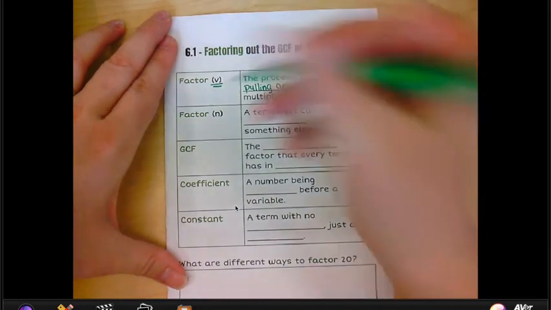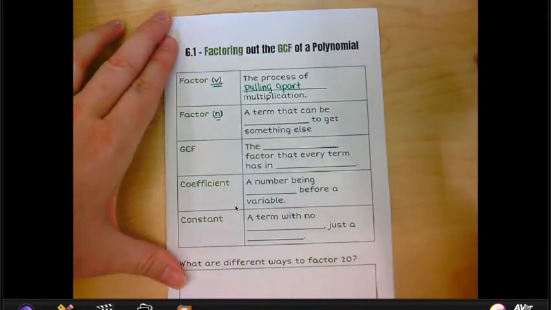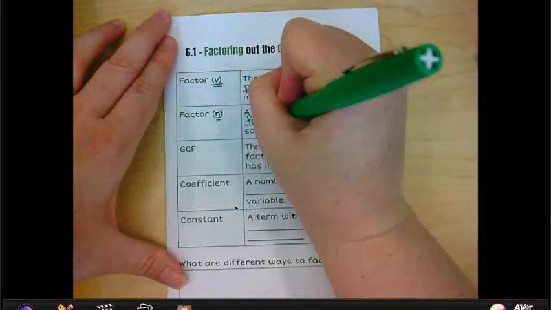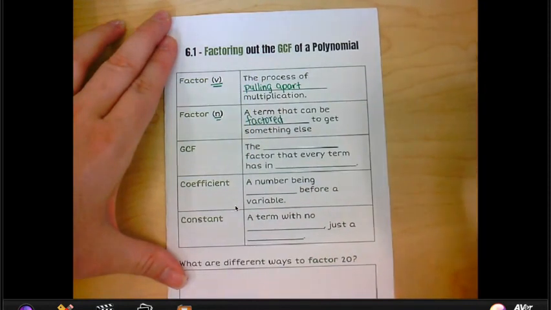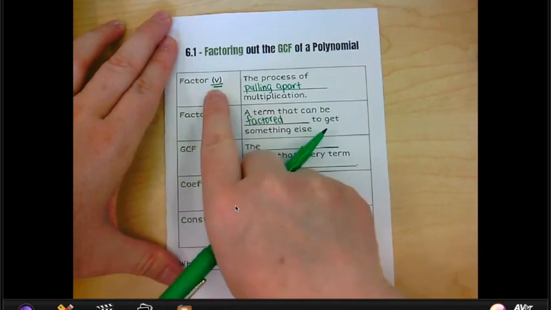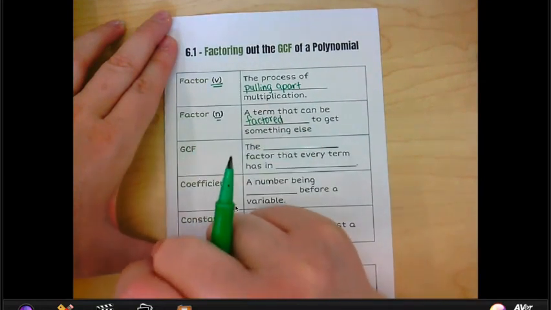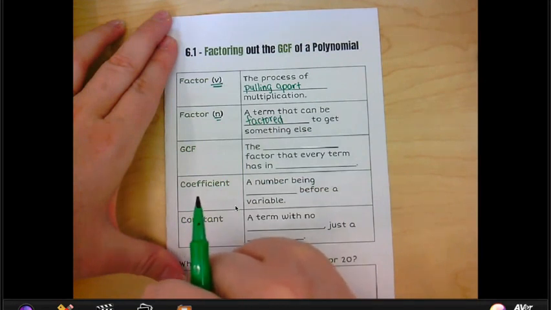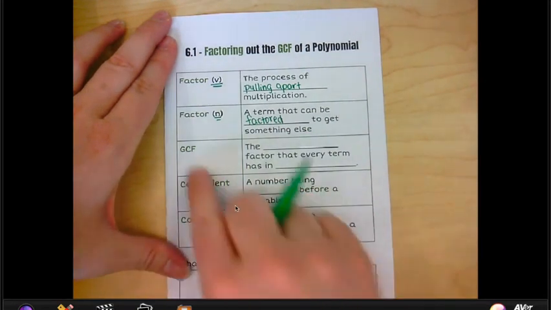We then also have the noun factor, so noun being a person, place, or thing, and that is a term that can be factored to get something else. So you actually know what factors the noun are, and you have done factoring in the past. You've just done them with numbers instead of variables and expressions like we're going to start today.